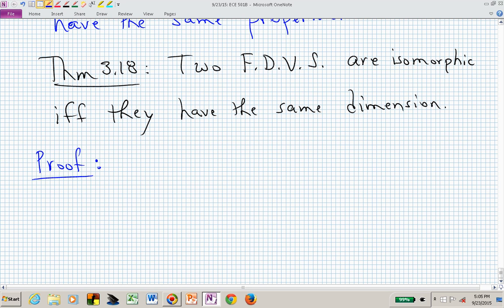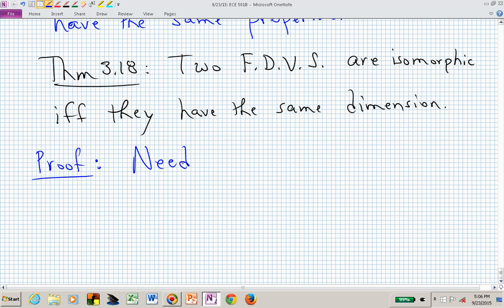The key word is not even a word, I guess. It's the if. The if and only if in that theorem. That says that we need to show it in both directions. Meaning, can we show that if we have two finite dimensional vector spaces that are isomorphic, they have the same dimension? Or if they start with the same dimension, can we show that those two finite dimensional vector spaces are isomorphic?